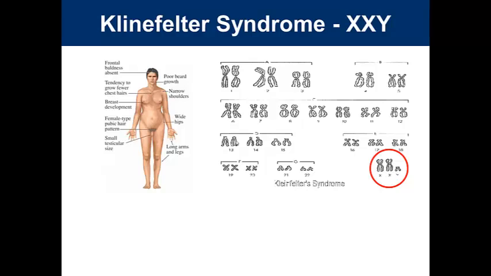Klinefelter syndrome is a non-disjunction event as well. It is a trisomy of your sex chromosome, so individuals have 2 X chromosomes and 1 Y chromosome. It is again due to non-disjunction of the sperm or the egg.